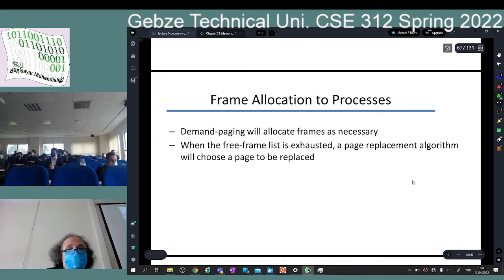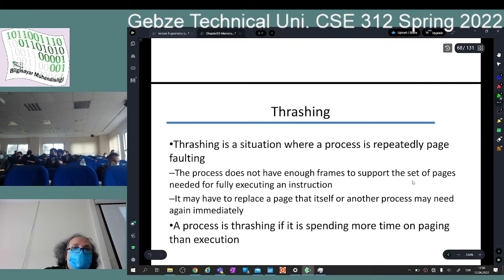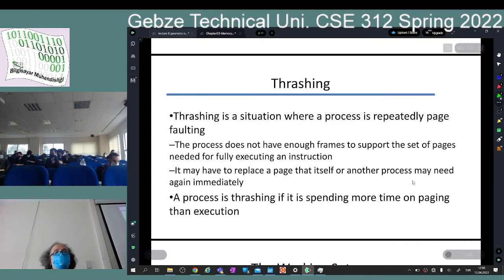That's called demand paging. And we usually try to run these page replacements during the times when the system is idle, mostly. And thrashing is this.